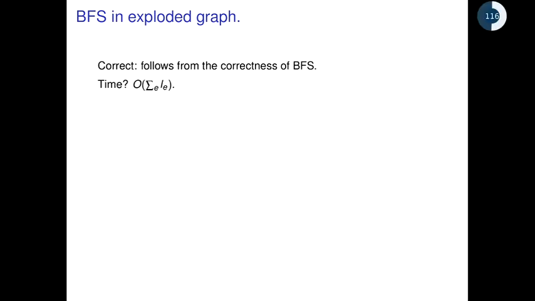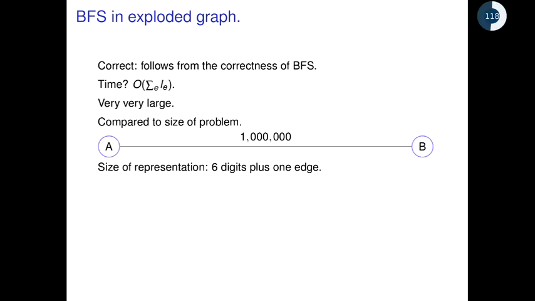What's the time? It's the sum over the edges of the length of the edges. This is what you have to do: take this graph and modify it in this way. So it can be problematic. Like here, what's the shortest path from A to B? It's 1,000,000, but it's 1 edge. It just jumps out at you because there's only 1 path.